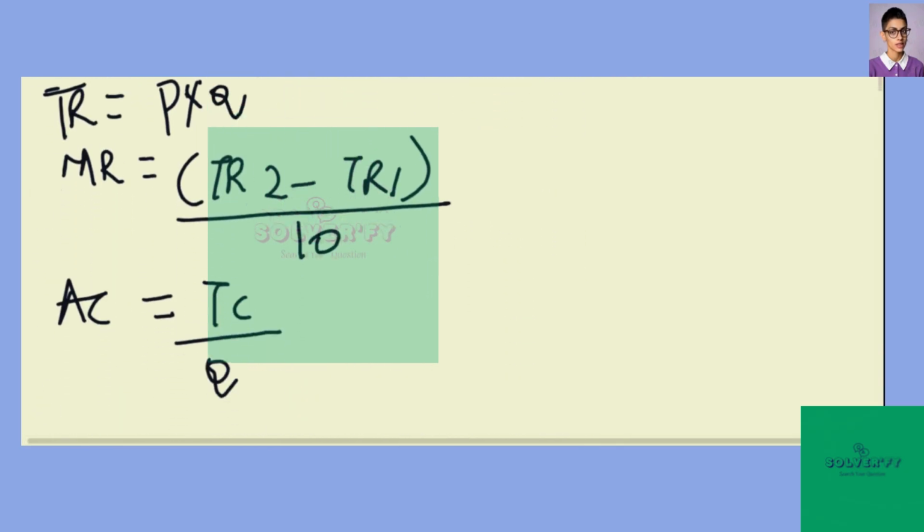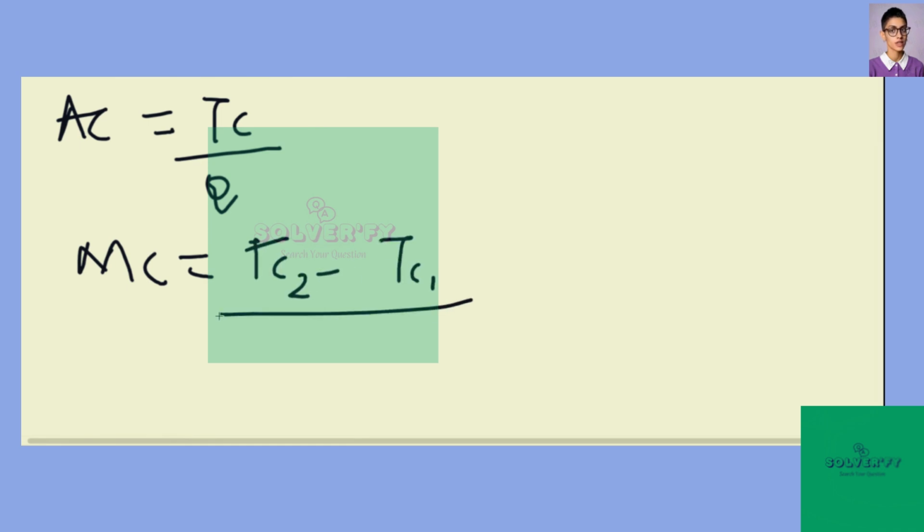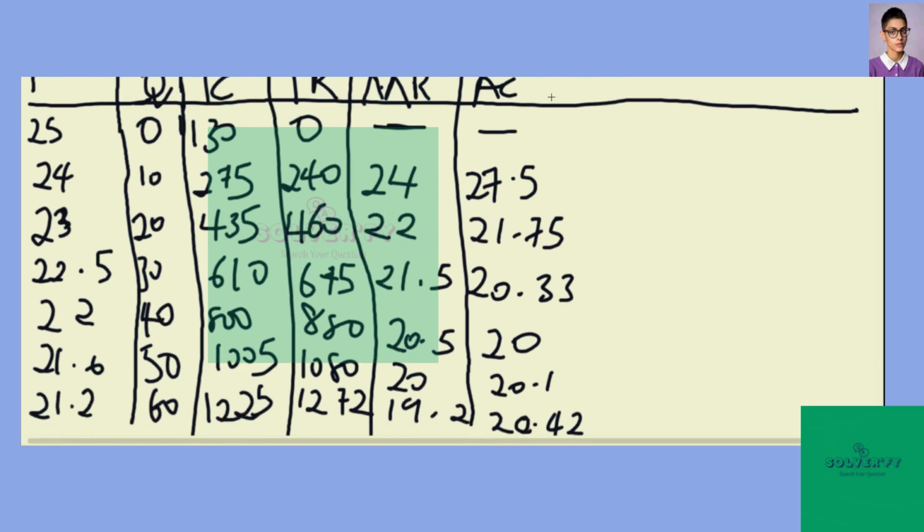The formula for marginal cost is total cost 2 minus total cost 1 divided by 10.